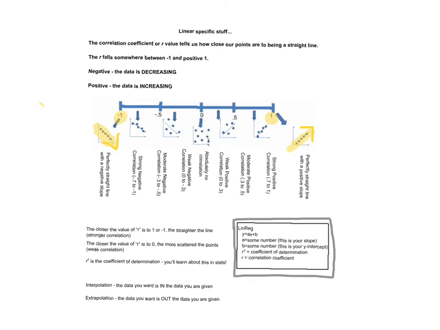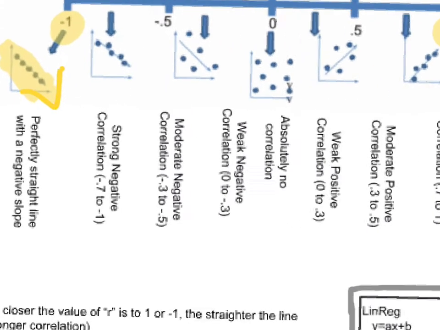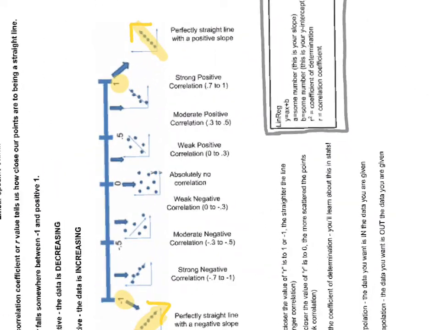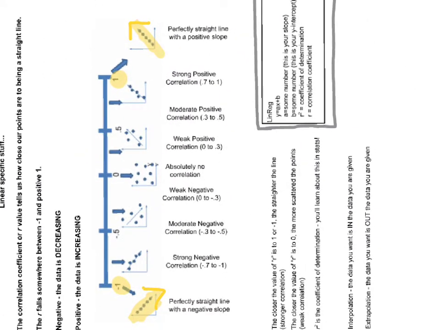So it kind of falls into really 3 different categories. You can have strong correlation, moderate correlation, or weak correlation. And then from there you decide whether it's negative or positive. And that literally just depends on the number. So if the number, I'm going to turn this way so we can look at this a little better, is between 0.7 and 1, then it's strong.